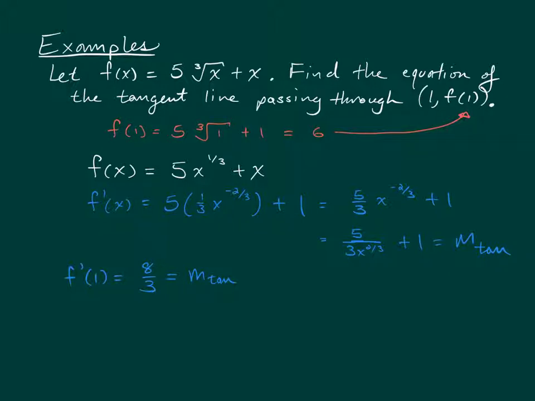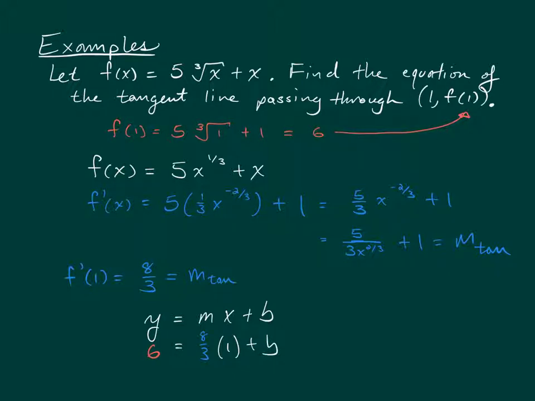Then we can just use the equation of a line. And you know that the slope of the tangent line is 8/3. We just computed that. And then way back over here, x is 1 and the y value is 6. So here we have 6. Here we have 1 plus b.